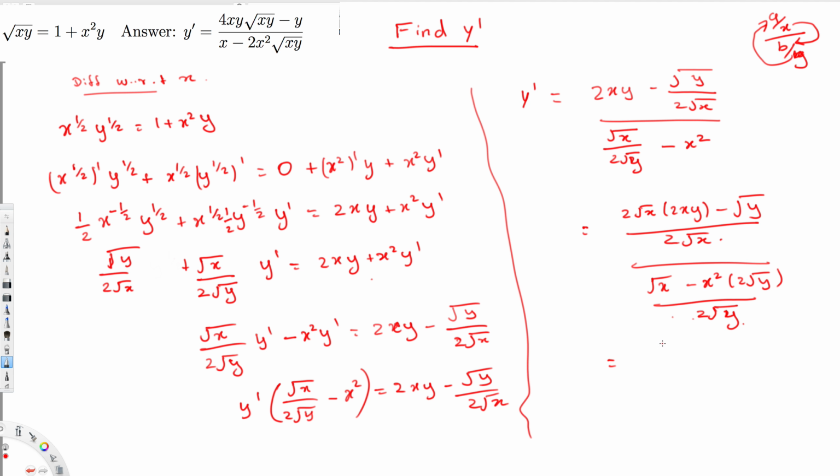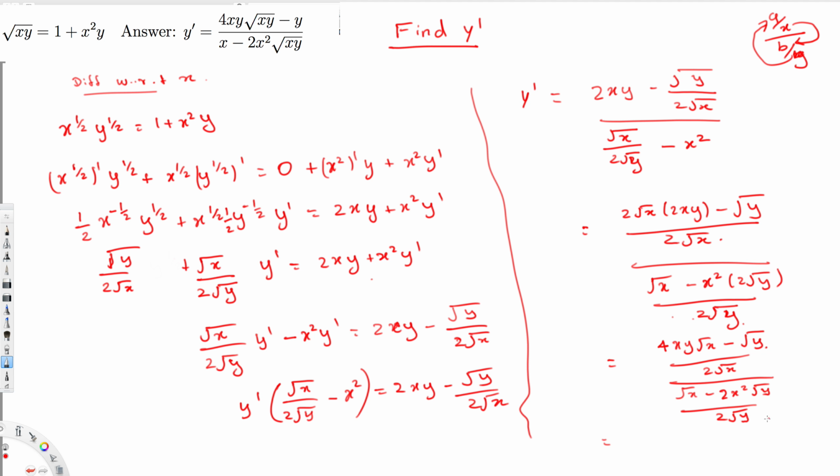So it's going to become 4xy square root of x minus square root of y over 2 square root of x. Then here we have 2 square root of x minus 2x square root of y over 2 square root of y.